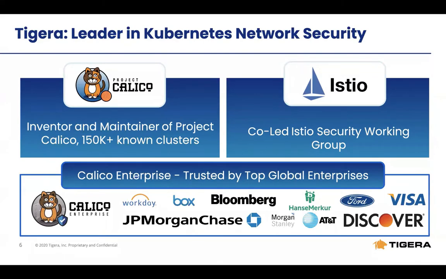This slide also represents some of our Calico Enterprise users. There is a commercial product called Calico Enterprise that is built on top of OpenCore, on top of Project Calico, which provides some capabilities for enterprise customers and ease of day-to-day operations.